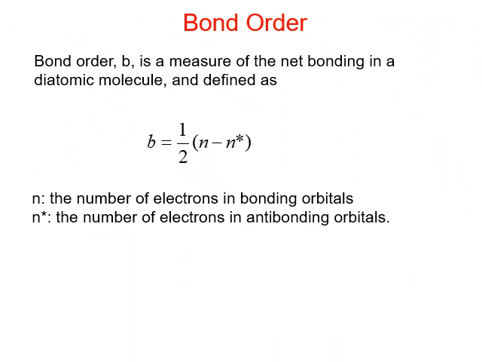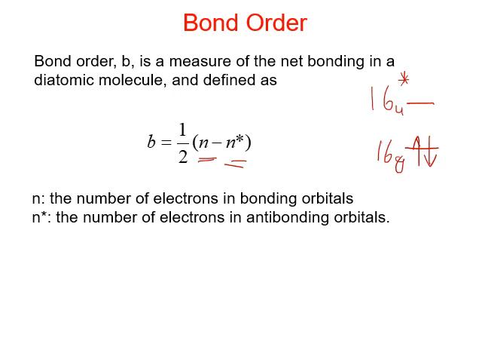Let's introduce a useful concept called bond order. Bond order is calculated by half of n minus n star. N is the number of electrons in the bonding molecular orbital. N star is the number of electrons in the anti-bonding molecular orbital. Let's assume you have a bonding 1 sigma g and an anti-bonding 1 sigma u, with 2 electrons in the bonding molecular orbital.